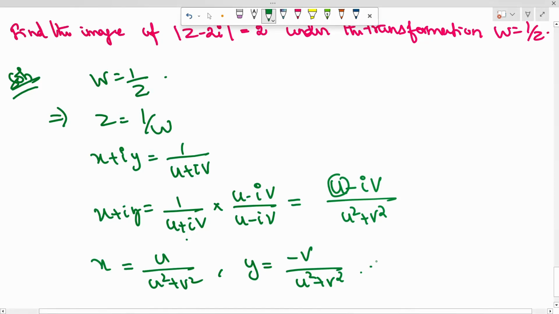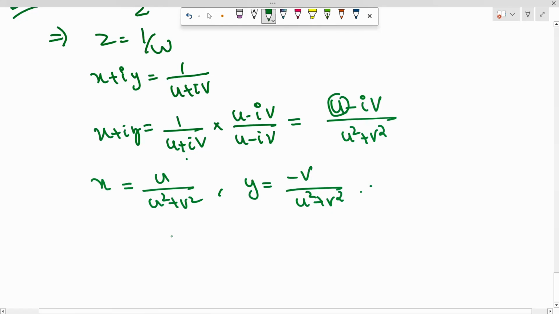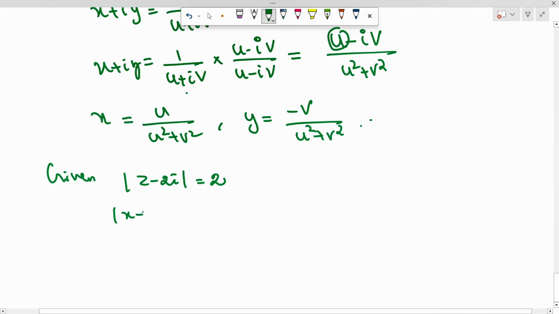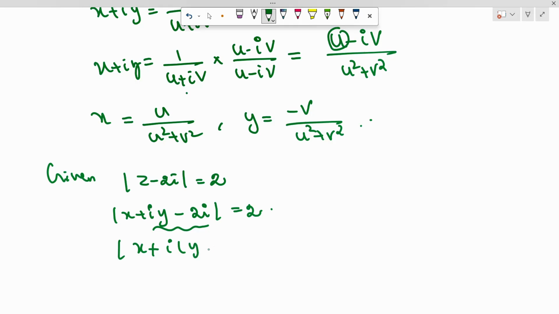Okay, given image modulus of z minus 2i is equal to 2. Substitute here z is equal to x plus iy minus 2i equal to 2. Now we can write x plus i, taking i common from the second and third term, (y minus 2) equal to 2.